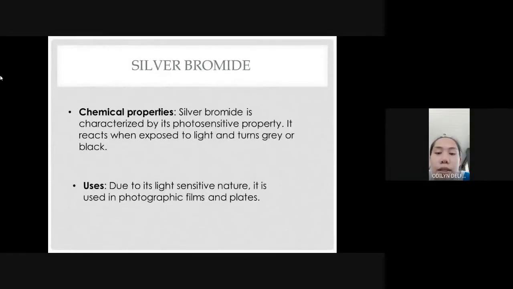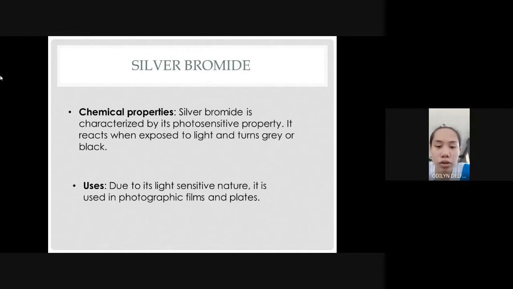Chemical properties. Silver bromide is characterized by its photosensitive property. It reacts when exposed to light and turns gray or black, just like silver chloride. Actually, most silver chemicals or silver properties turn black when exposed to light.